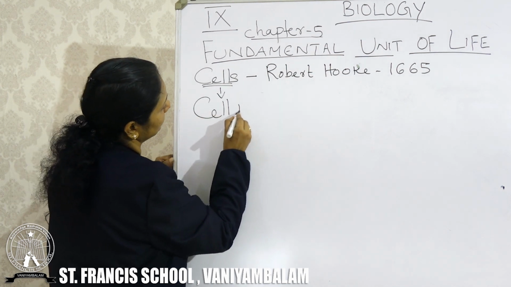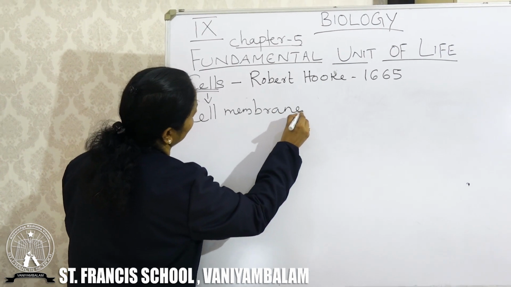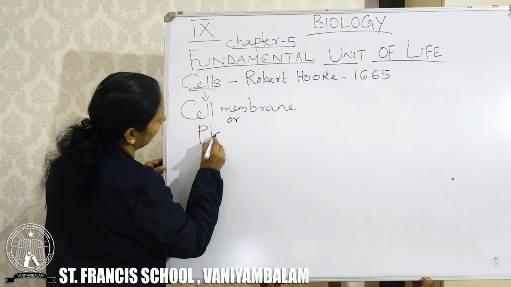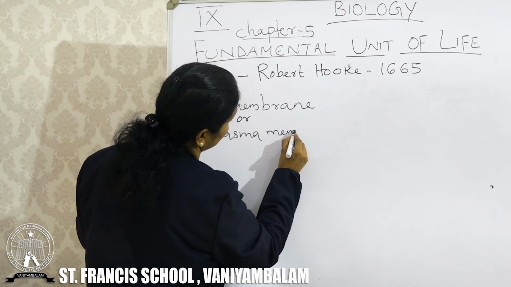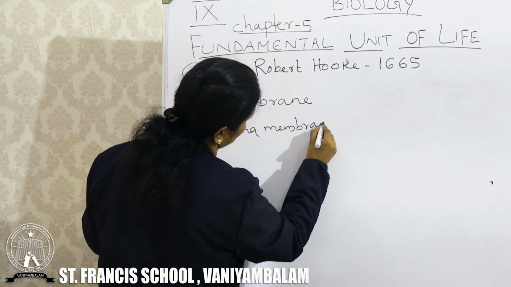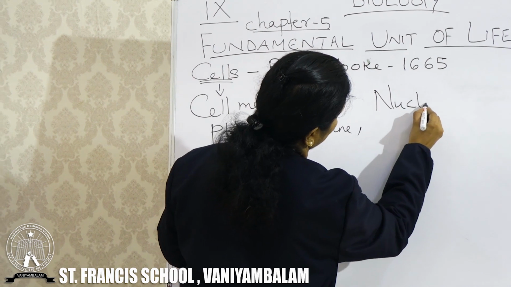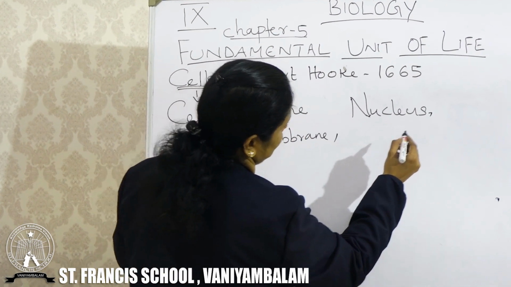Cell membrane, otherwise called plasma membrane. Both are the same: cell membrane or plasma membrane. Next is nucleus and cytoplasm.